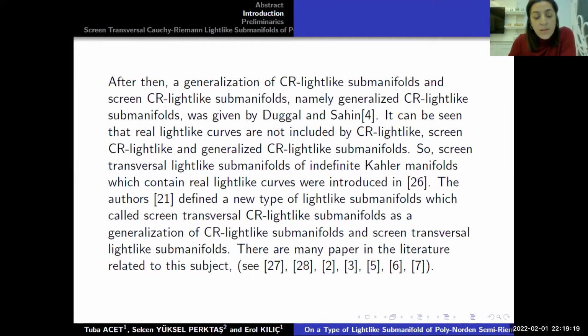In reference 21, the authors defined a new type of lightlike submanifolds, and this type is called screen transversal CR lightlike submanifolds, and it contains CR lightlike submanifolds and screen transversal lightlike submanifolds as particular cases.